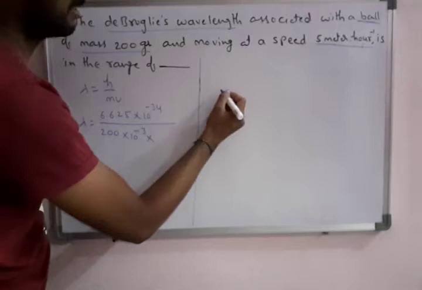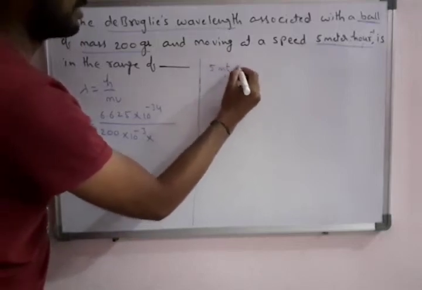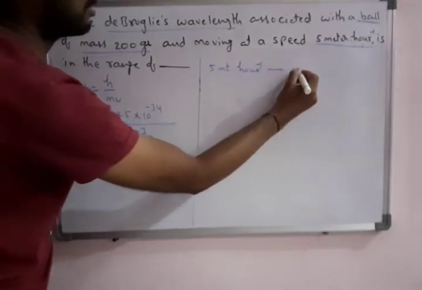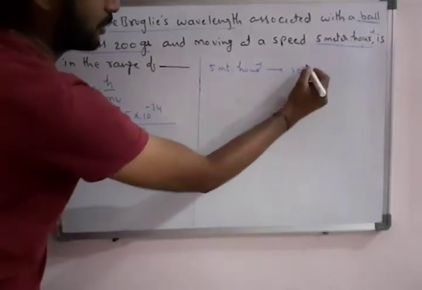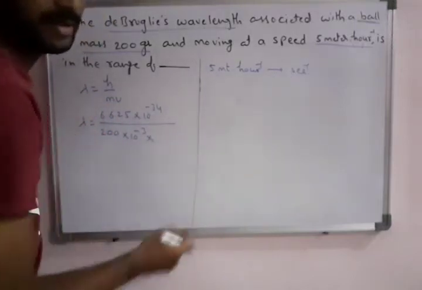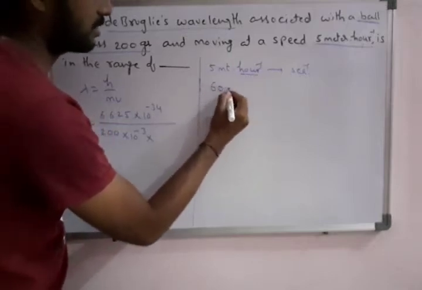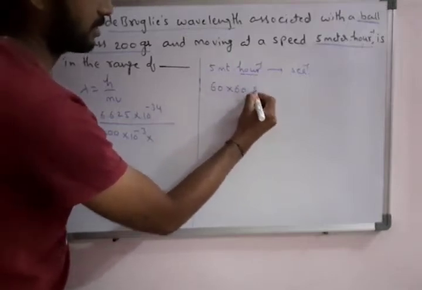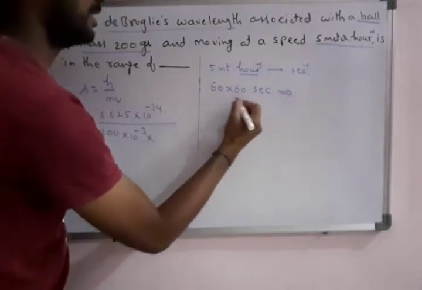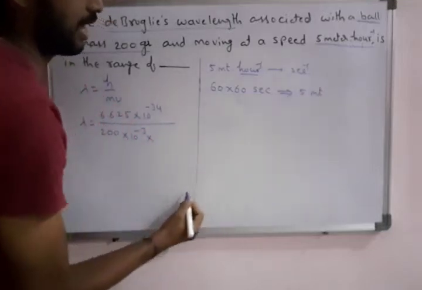So we need to change this 5 meters per hour into per second. We need to find out how much distance it travels in 1 second. So an hour means how many seconds? 60 minutes and 60: in 60 into 60 seconds, it travels 5 meters.